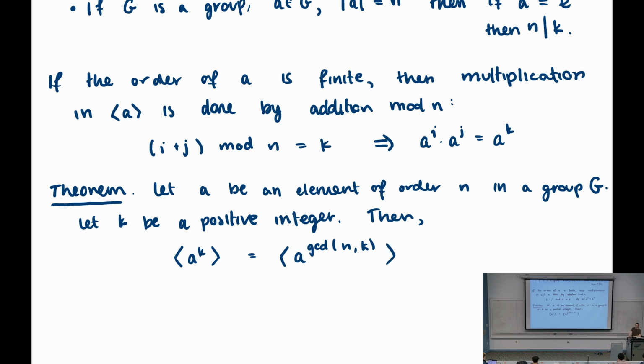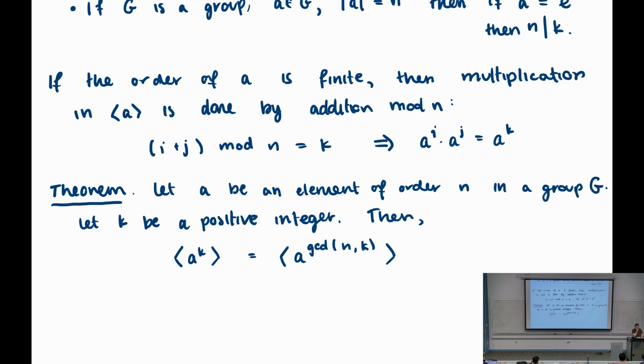So the fundamental theorem of cyclic groups is going to say something about the structure of cyclic groups, and in particular, it's going to tell us what all of the subgroups are. So this is moving in the direction of figuring out what all of the subgroups are.